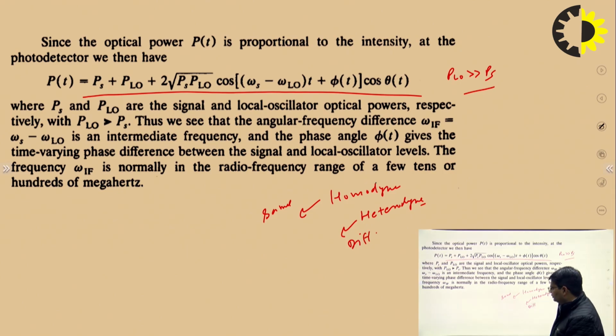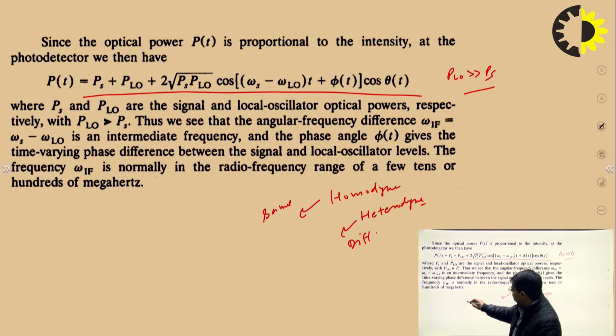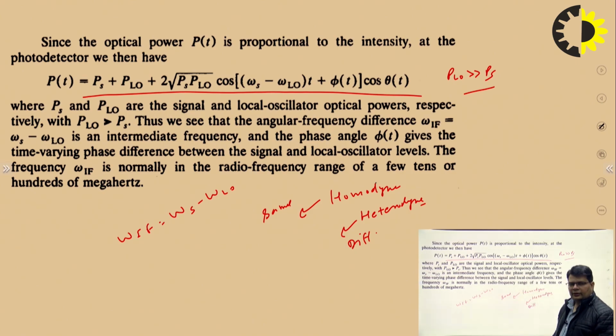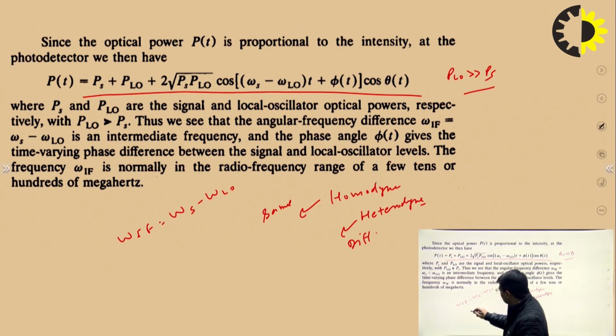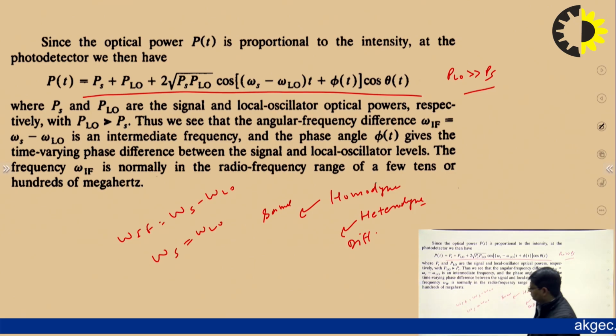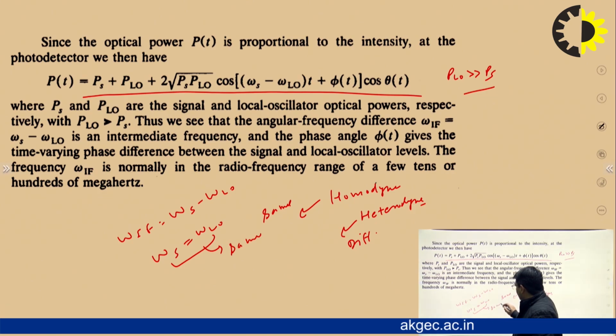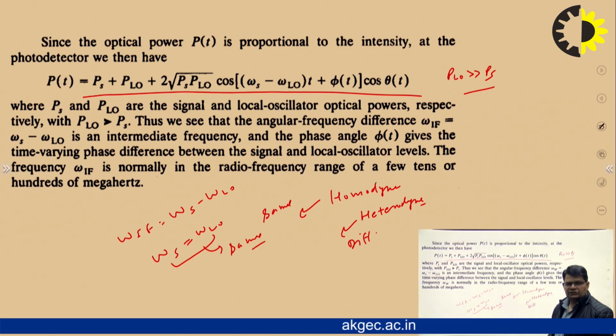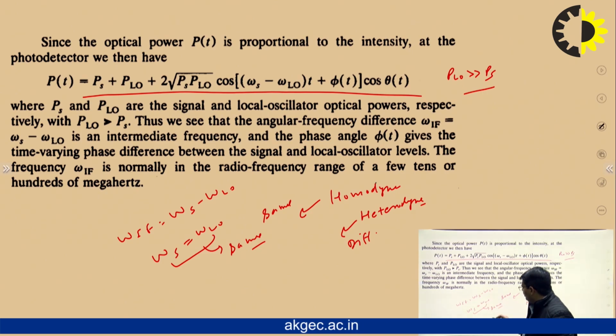Through the coherent detection, the signal we get is the intermediate frequency signal W_IF given by W_S minus W_LO. Now if both of these two signals are same, that is W_S equal to W_LO, both signals are the same in terms of frequency or characteristics, then we will have W_IF equal to 0.